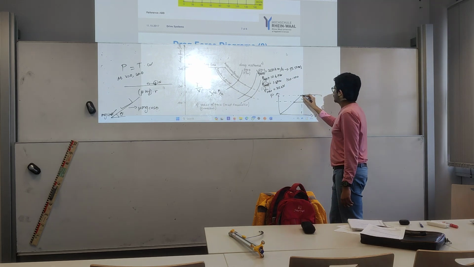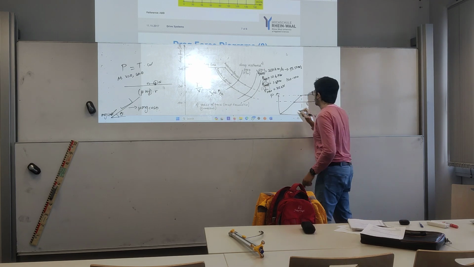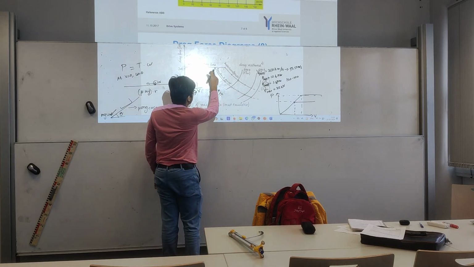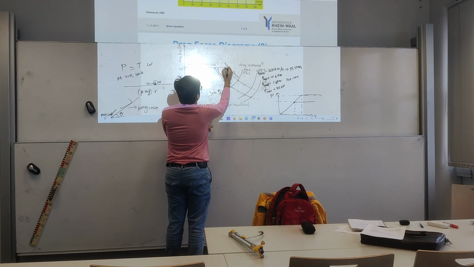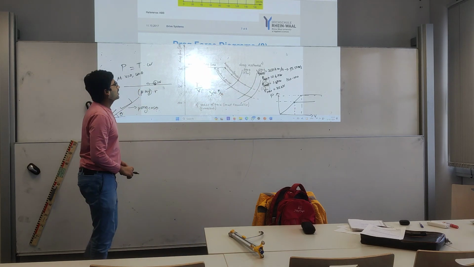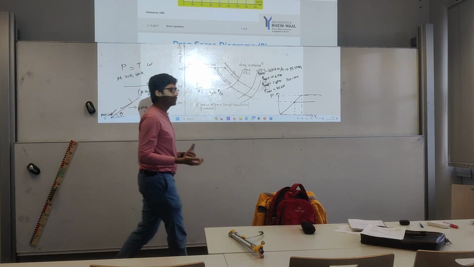You see, the drag force starts decreasing at a higher velocity than earlier. So here it starts decreasing at this velocity itself, but here it's at a higher velocity and then it starts decreasing. That's why freight locomotives and passenger locomotives are made so differently, because their demands are different.